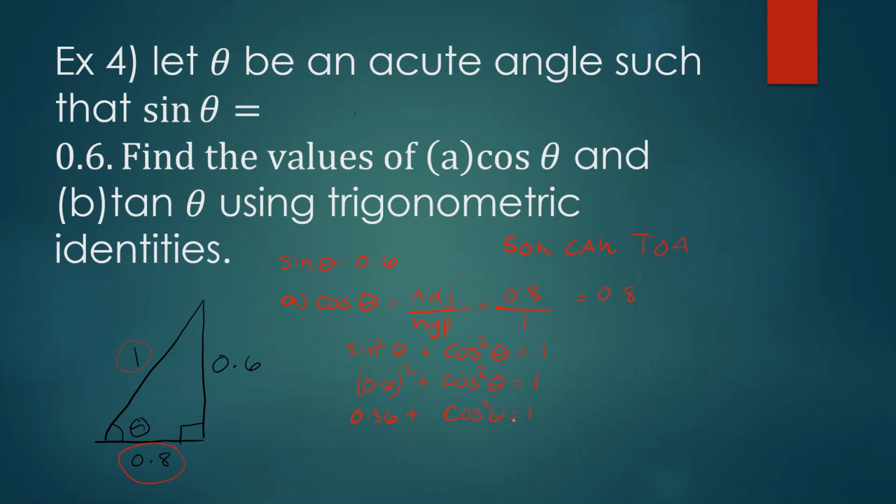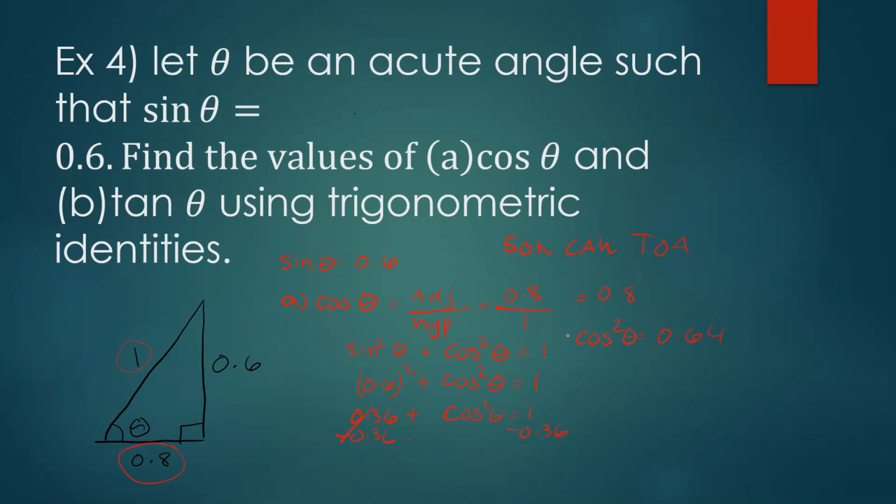Okay, so we have to find cosine theta. As you can see, this is a little bit of a longer step than the other, but it still works out. So what I did was subtract 0.36, and then this cancels, so you're left with cosine square theta equals 1 minus 0.36, which is 0.64.